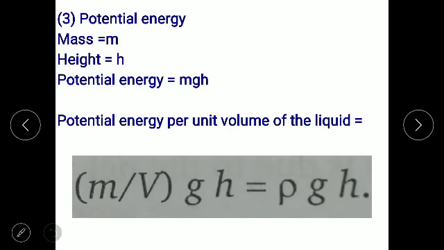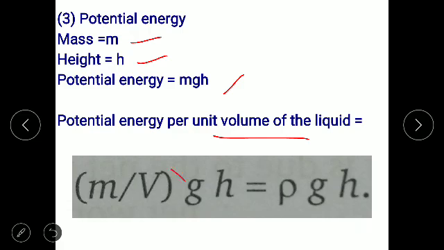Now the third type of energy which a liquid possesses is potential energy. For that, let m be the mass, h be the height of the liquid from the surface of the earth. Potential energy is mgh. Now potential energy per unit volume is mgh divided by V, the volume.